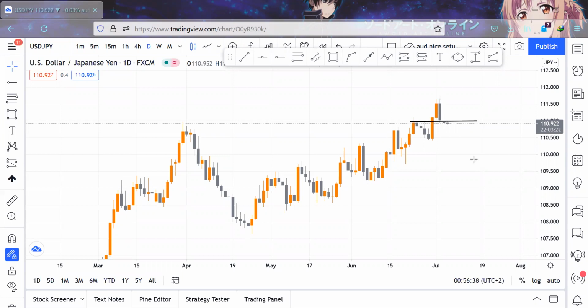Now, we won't say that this market is at a level of structure and so we just enter the market blindly. No, we are going to go down to the lower time frames and identify structure on that time frame, because right now we know that the market is pushing to the upside. Remember, we saw that the direction here is to the upside, and we are going to look for buying opportunities.